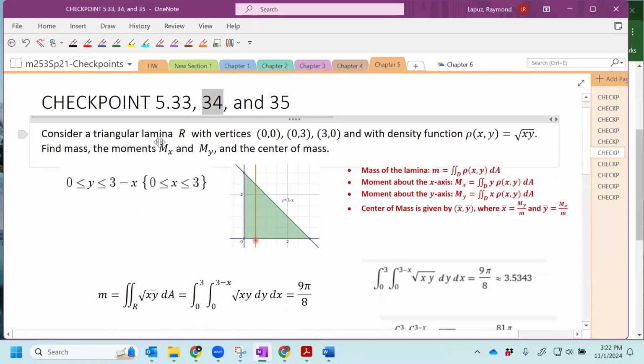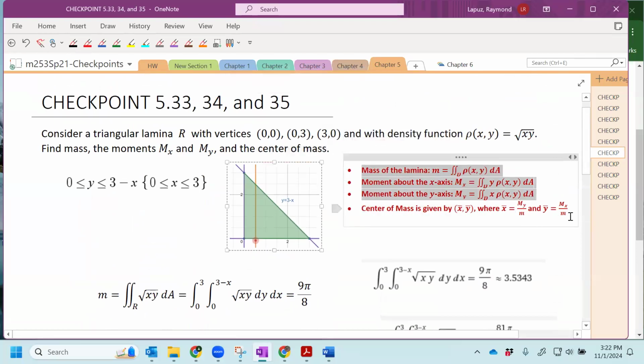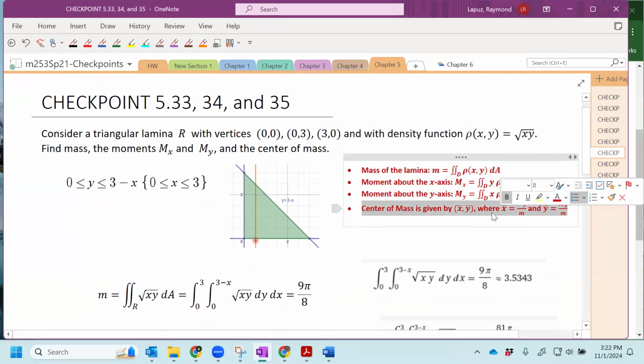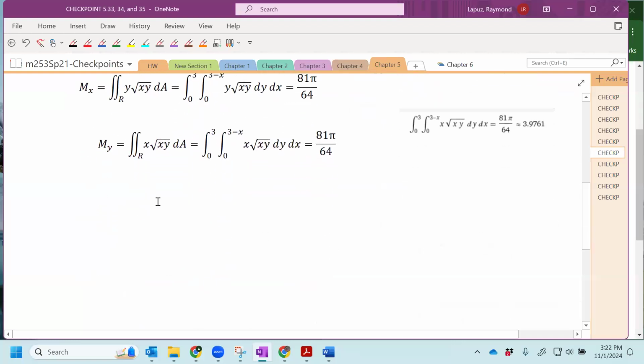So that finishes off our checkpoint 5.34. Our last one is to find the center of mass. The center of mass uses the previous two checkpoints, where we find x bar and y bar. So let's see, x bar is equal to M sub y divided by M. What is M sub y?